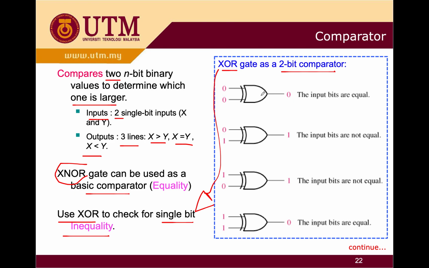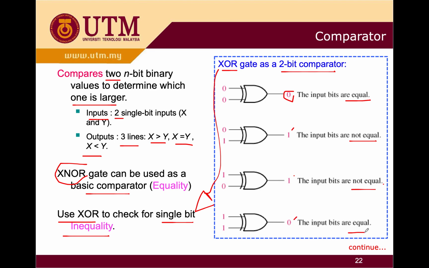You can see that if you have 0 0 over here, using XOR you will get 0 as the output, and it shows that it is equal. You check again, 0 1 you get 1, so it's not equal. 1 0 you get 1, it is also not equal, of course, and 1 1 is equal, right?